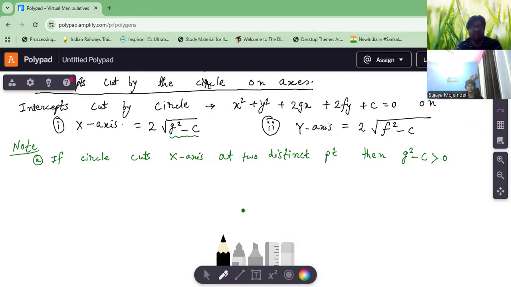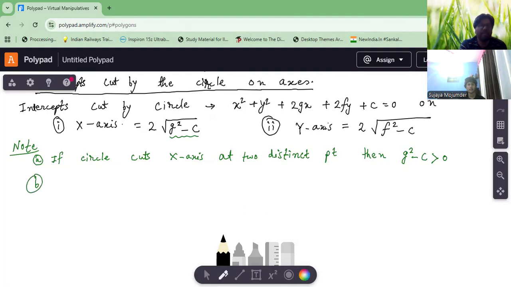That means on the x-axis the circle will cut at 2 distinct points, when g squared minus c is real. Understood now? Clear?